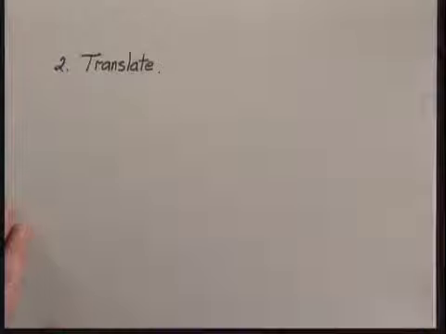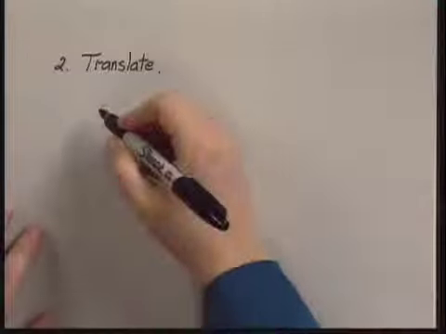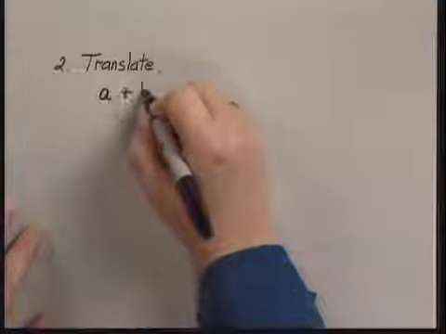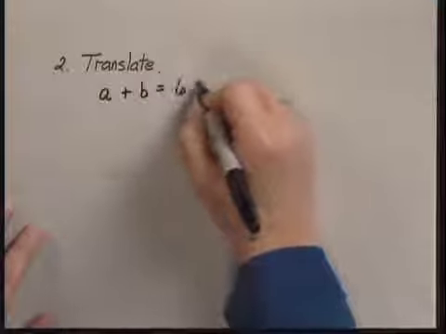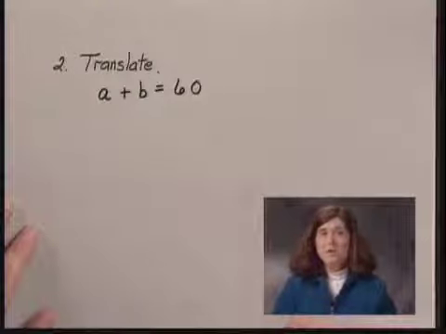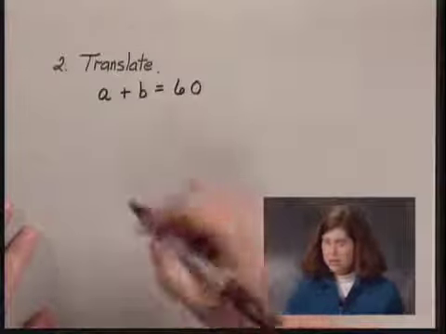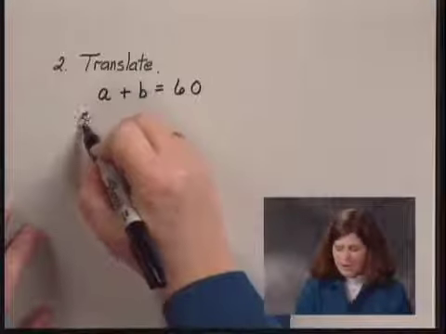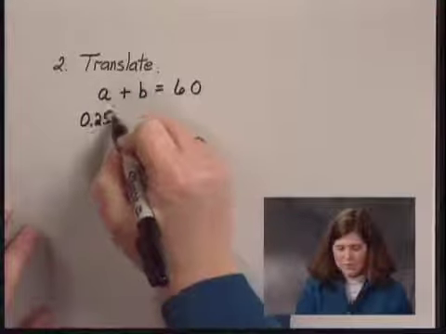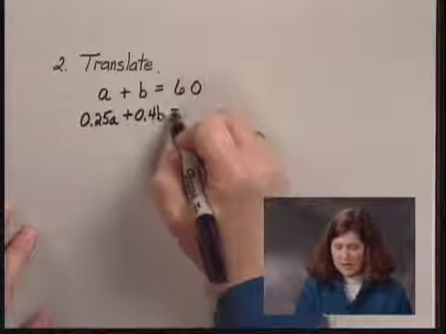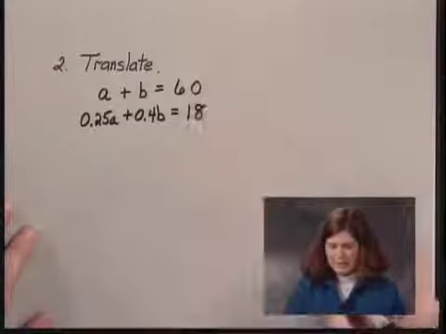So reading across the top row, thinking of the amount of solution, we would have A plus B equals 60. Reading across the third row and thinking of it as the amount of acid in each separate solution and in the mixture, we have 0.25A plus 0.4B equals 18.